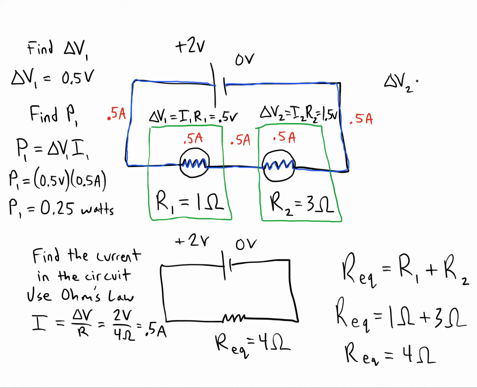Recall that delta V2 was 1.5 volts. We'd like to find the power dissipated by bulb 2. Potential drop 1.5 volts, current 0.5 amps.